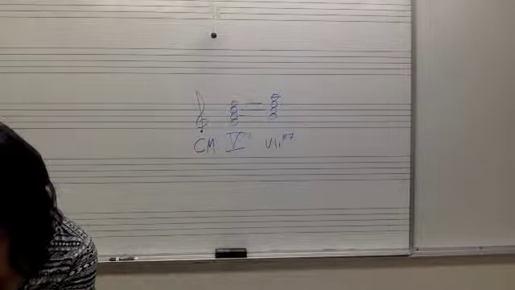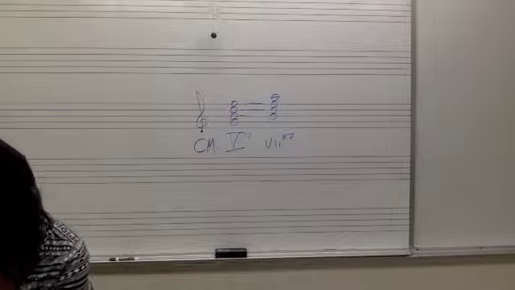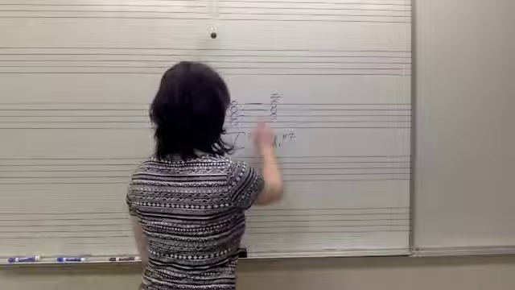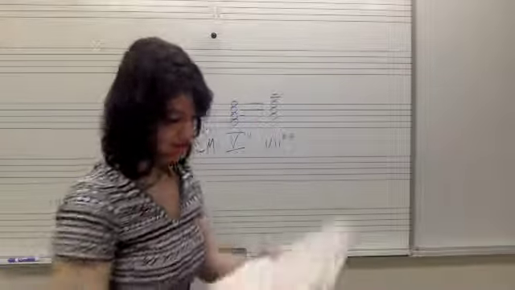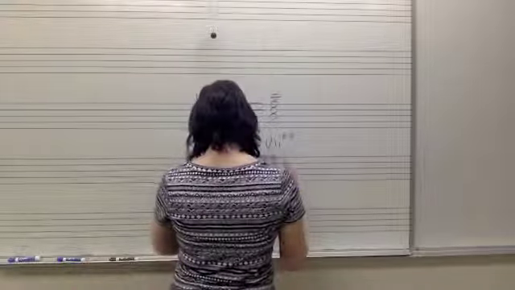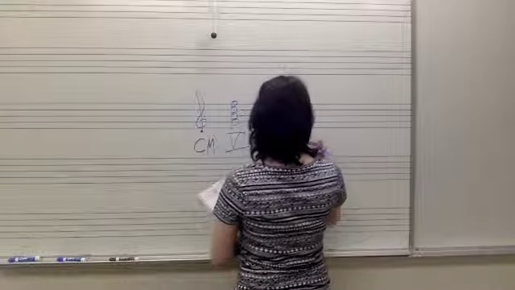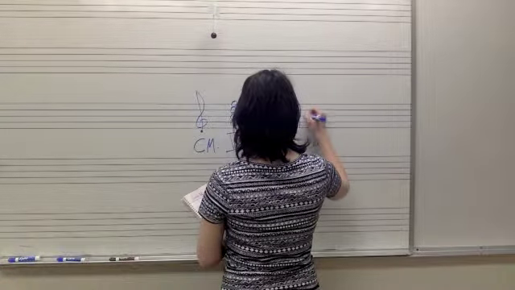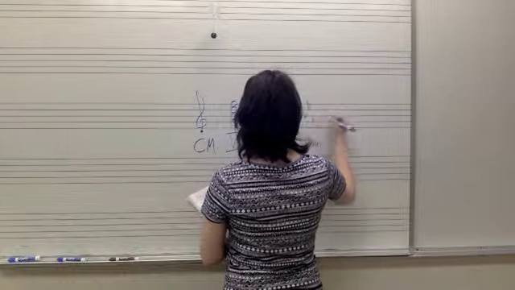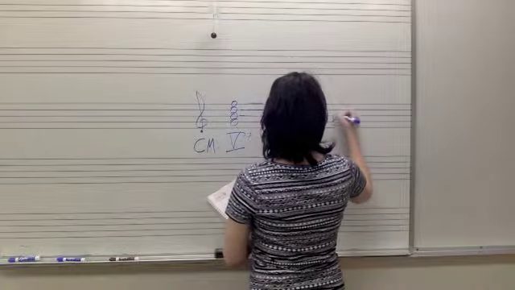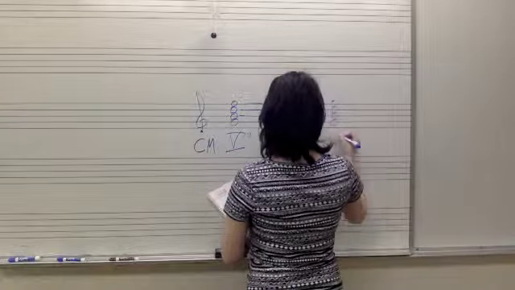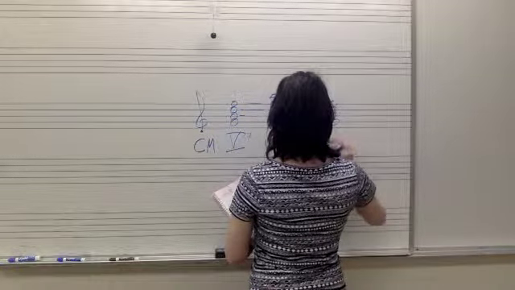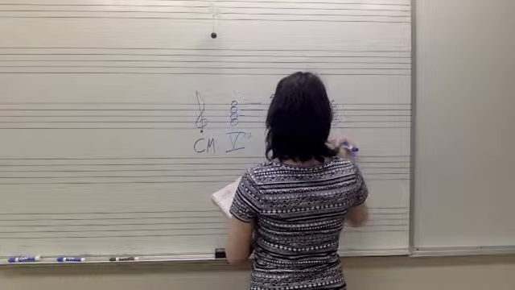All right? And the same goes for minor. All right, it's just missing the tonic. So in C minor, same thing. 5/7.